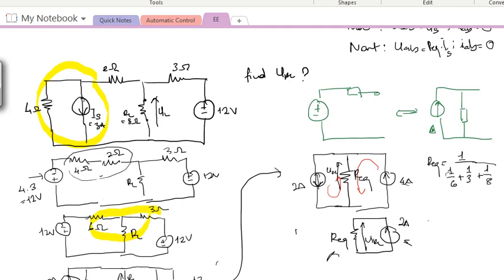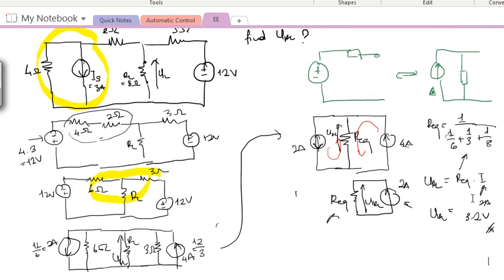Now it's easy to calculate URL. URL equals R equivalent multiplied by I. I is 2 amps, and R equivalent is the value that we have here. If you take your calculator and do the calculation, you'll find that URL equals 3.2 volts. So that's the answer for this particular exercise.